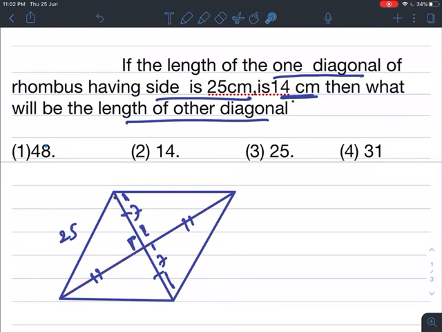Some students know the trick, the triplet. Here it is a right angle, and 25 is the hypotenuse, the biggest side, so the remaining two sides are smaller. There is a triplet 7, 24 and 25.